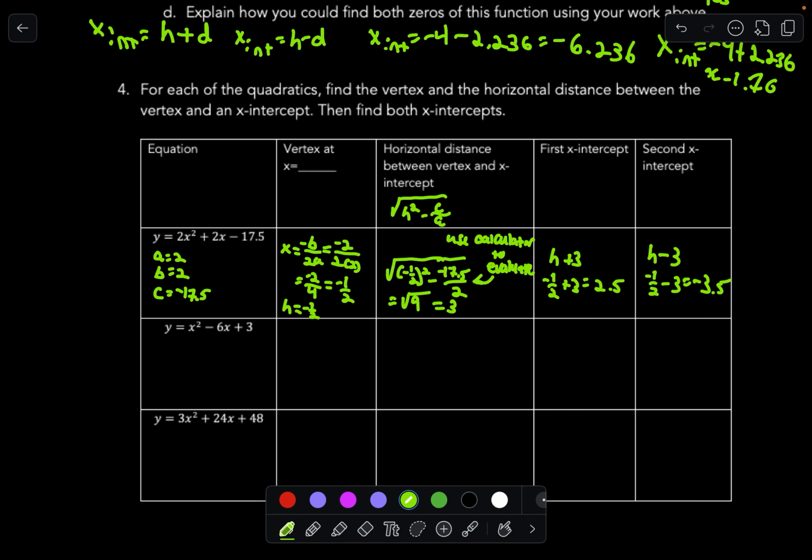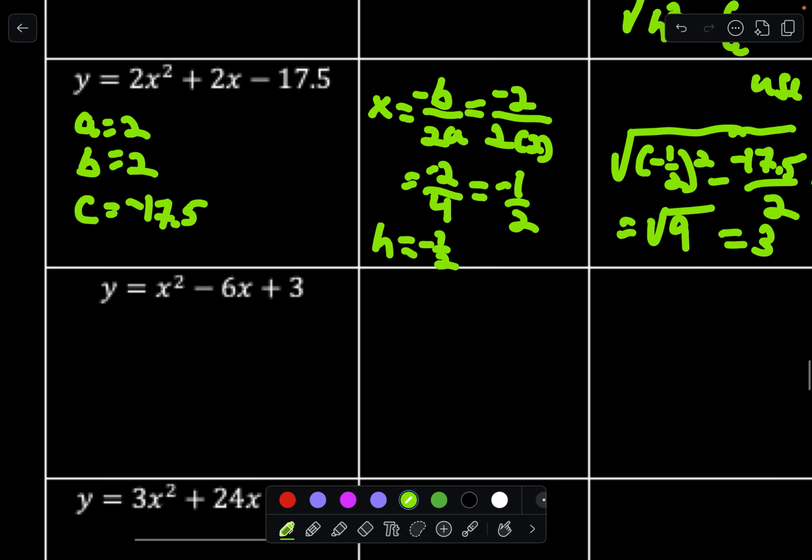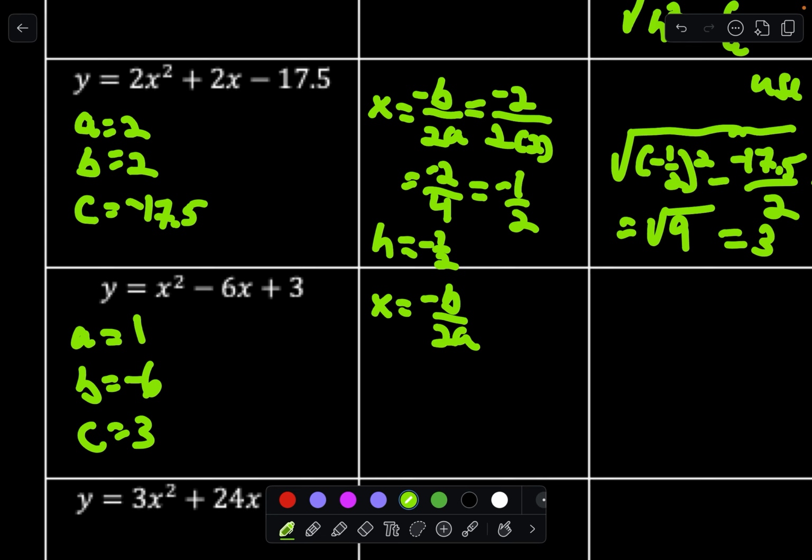Okay. Now, same thing for this one. It's x squared minus 6x plus 3. A equals 1, B equals negative 6, and C equals 3. So the x value of the vertex is x equals the opposite of B over 2A, plugging in our values. Opposite of negative 6 is 6 over 2 times A. So that is equal to 3.